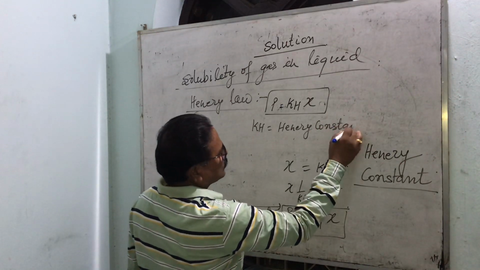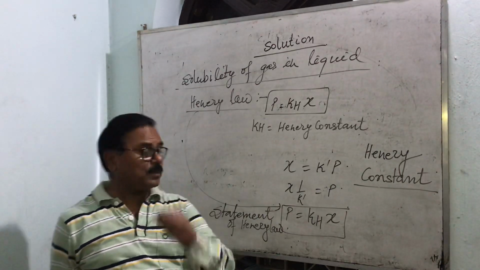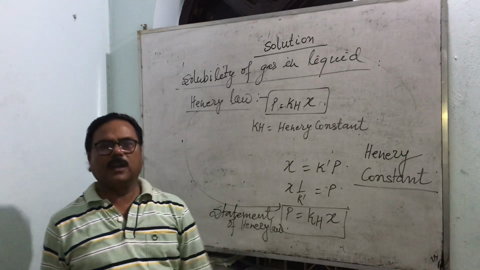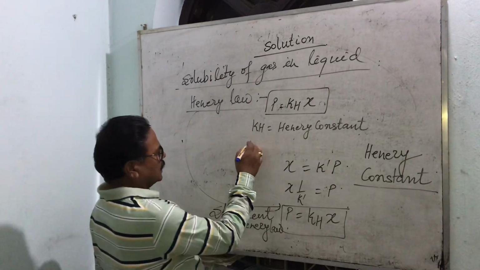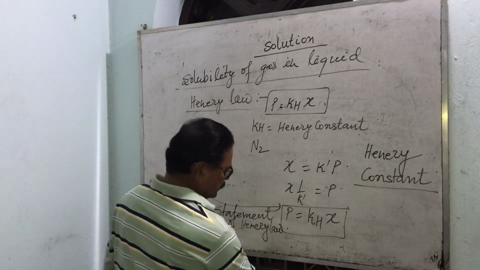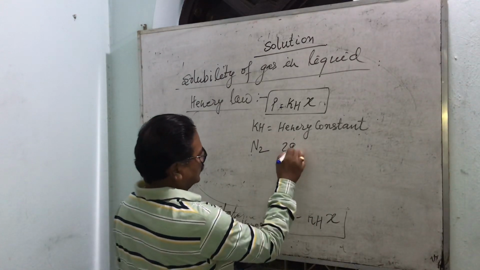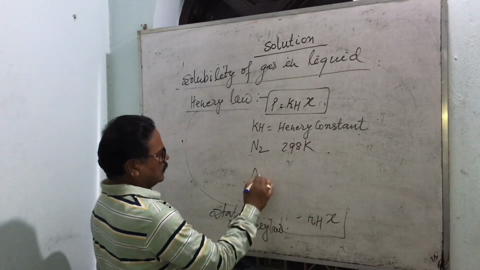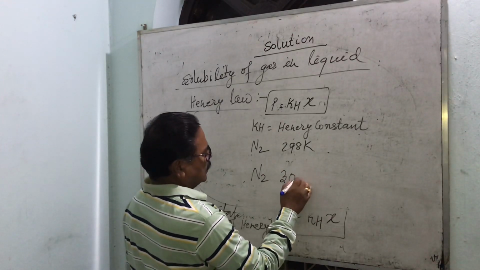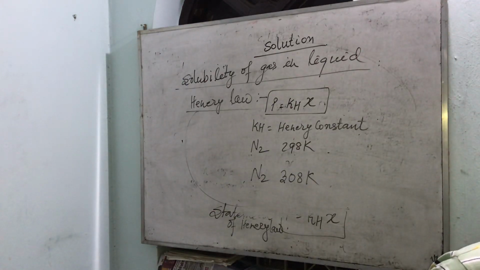Now this Henry constant depends upon temperature. At different temperatures, the value of the Henry constant is different. For a similar gas, suppose we consider nitrogen at two different temperatures, 298 Kelvin and 308 Kelvin, its value will be different.